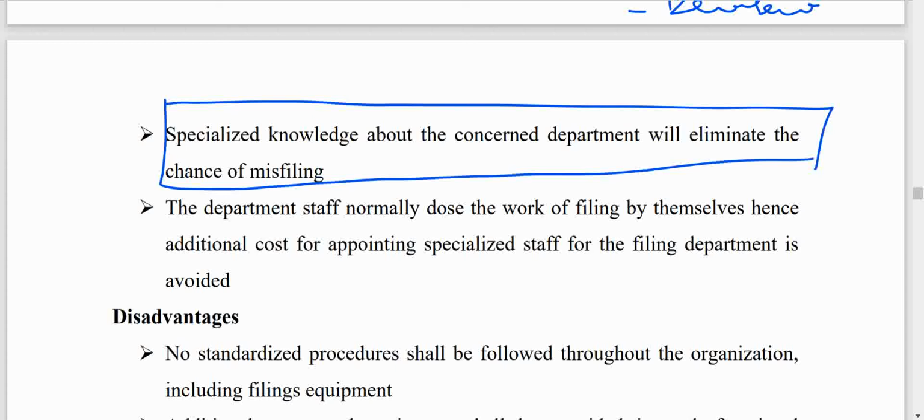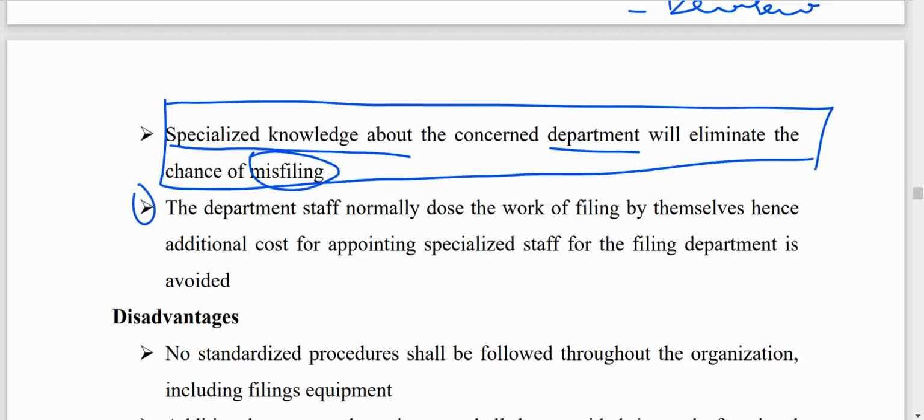If they have worked there for 10 years, they have more experience in that department alone. So that's what we call specialized knowledge about a concerned department. They become experts there, and it helps a lot in reducing misfiling, since someone is well versed in that department.